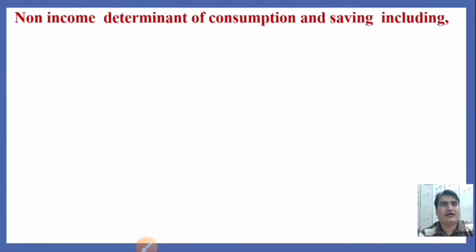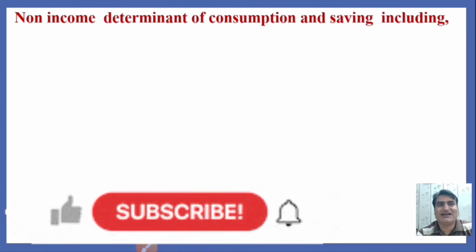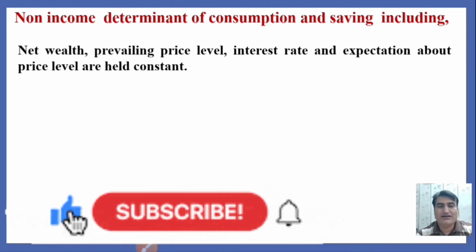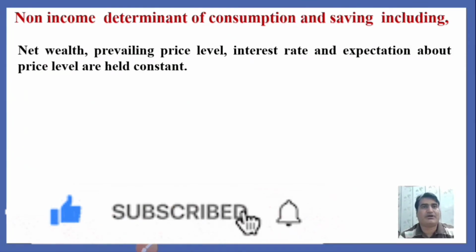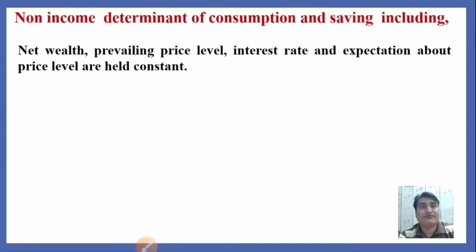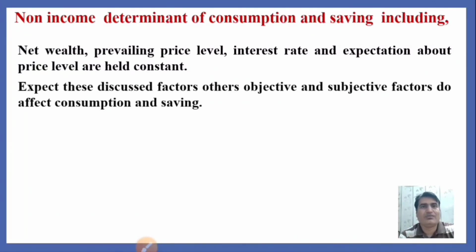Non-income determinants of consumption and savings. As we learned in the previous slides, different factors like net wealth, prevailing price level, interest rate and expectations about price level affect consumption as well as savings. So these are held constant. Except for these discussed factors, other objective and subjective factors also affect consumption and savings.